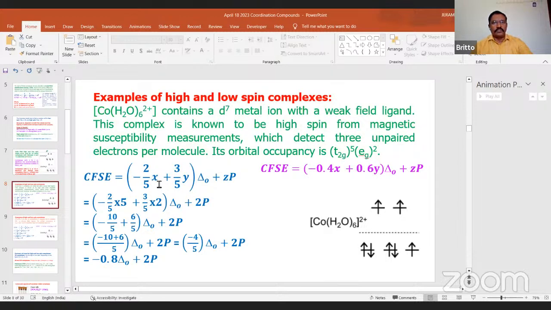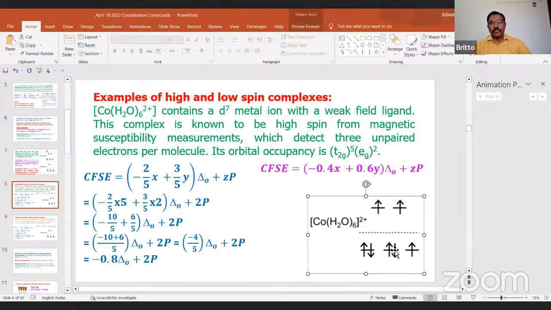Yes, for a D7 configuration in the low spin case, you need to have only one unpaired electron in the EG level, and 6 in T2G. Since it is a weak ligand, though, we go with high spin.